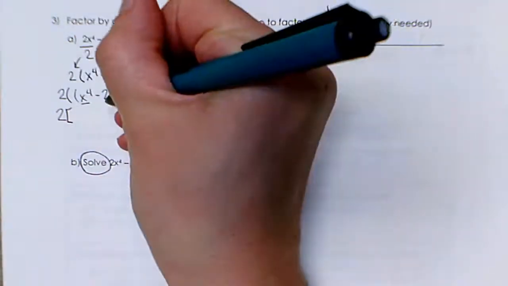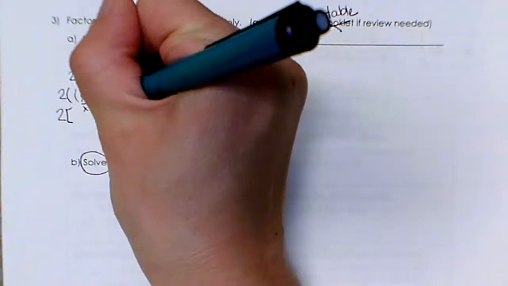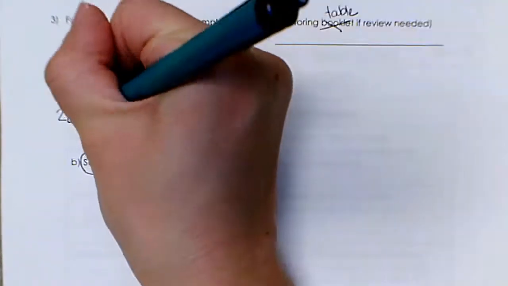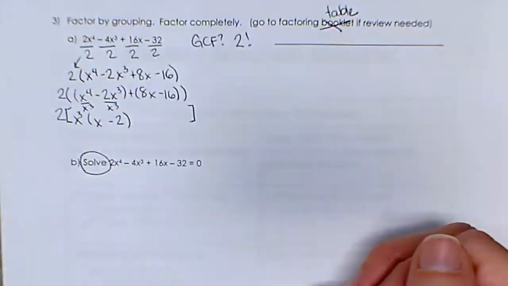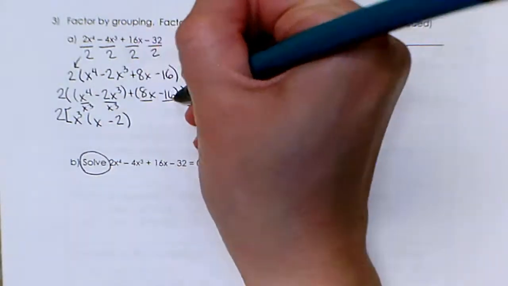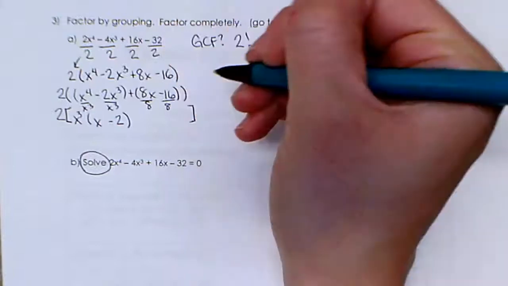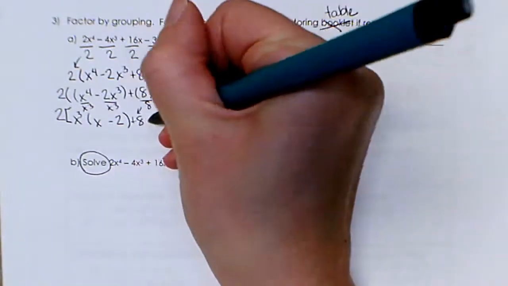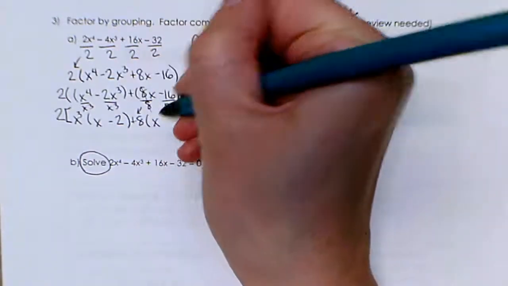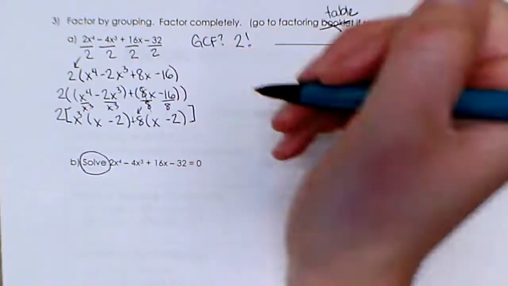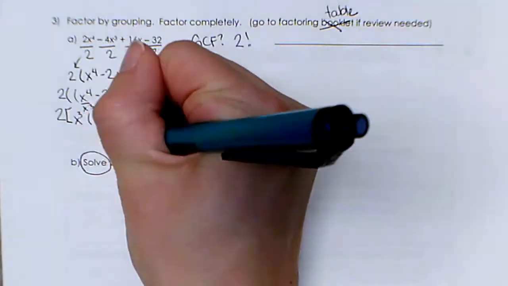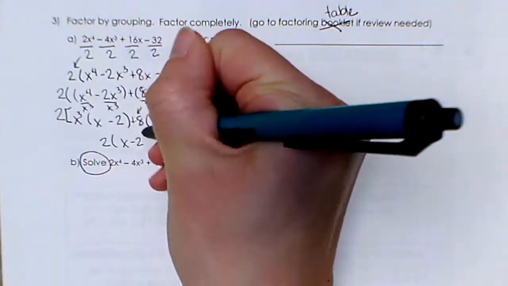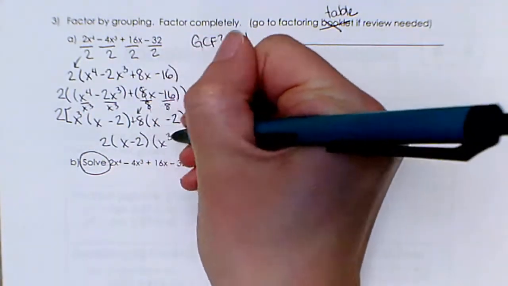The GCF of these 2 would be x cubed. So x cubed comes out, and x minus 2 stays in. The GCF of 8x minus 16 would be 8. So a plus 8 comes out, and an x minus 2 stays in. And so we end up with 2 times x minus 2 times x cubed plus 8.